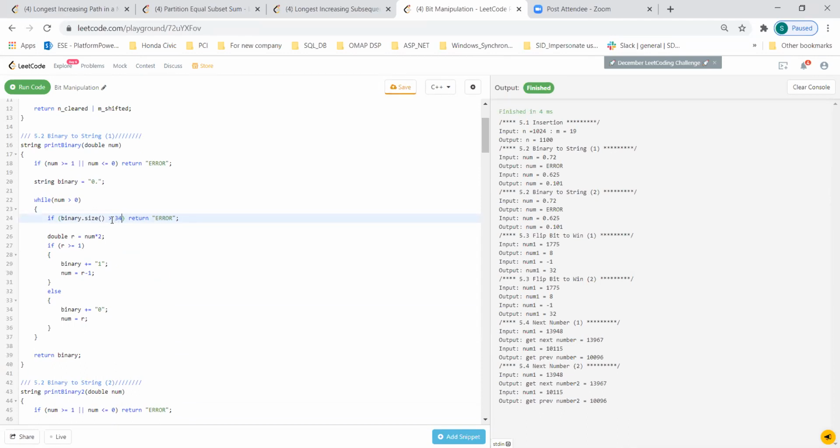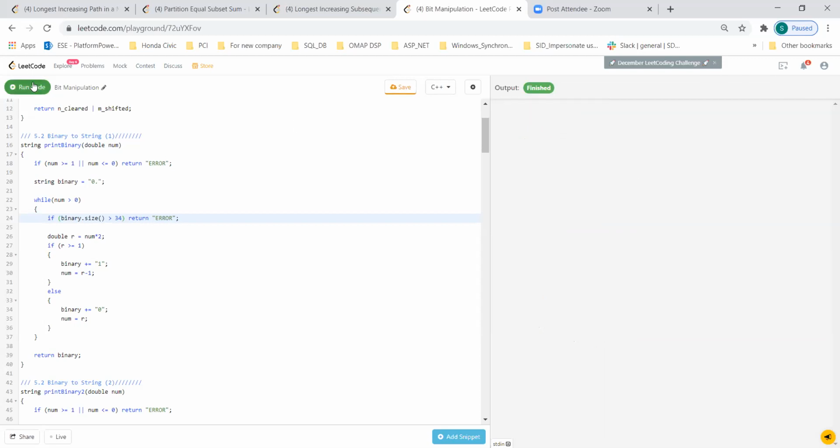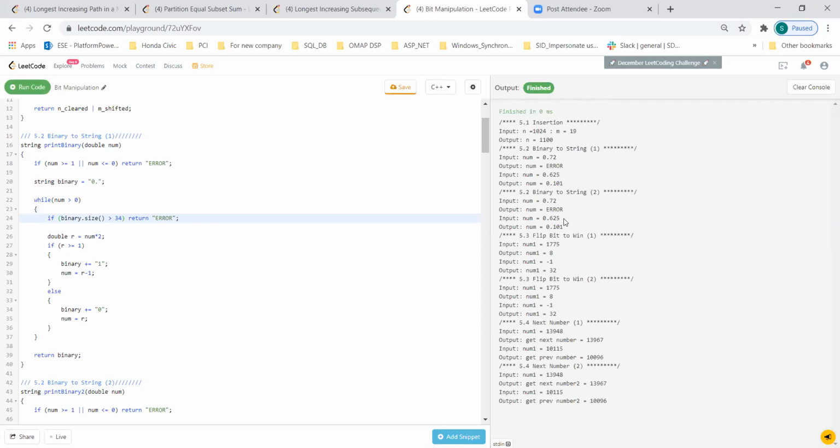Even if I run this, let me just see a couple of examples here. This was our binary representation, right? So 0.72 doesn't have any implementation, because it cannot be represented by any number, and therefore it will error out. But 0.625 can, and that is what it will be, 101.